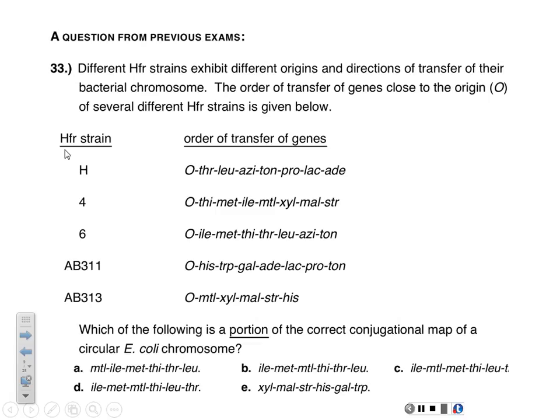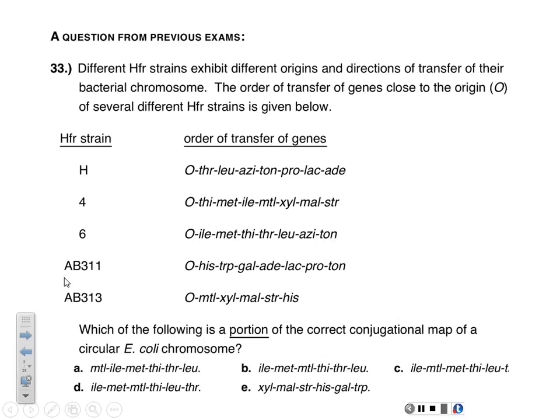That means you've put the F plasmid into the bacterial chromosome. And you can see in this example we've got 5 different HFR strains. Nothing magic to their names. They're arbitrary names, H, 4, 6, AB311, AB313. I'll bet you AB are the first initials of the graduate student who made these. That's the way it usually works.